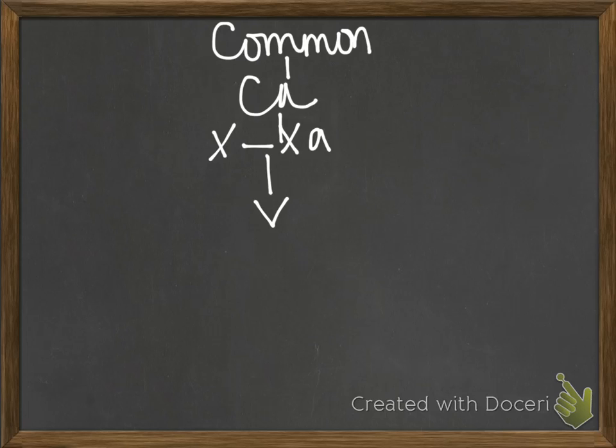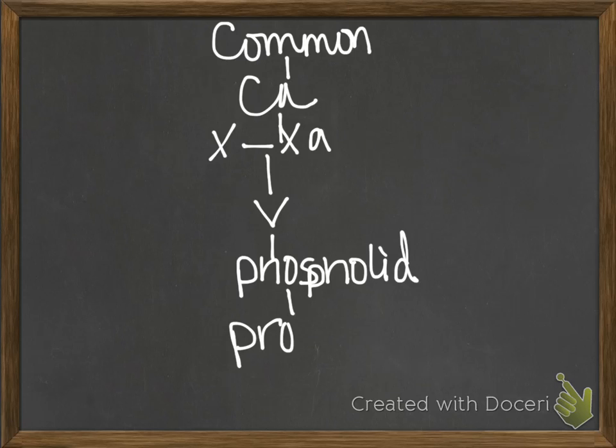And factor 5 is going to help us produce our platelet phospholipid, which in turn is going to help us produce our prothrombin.